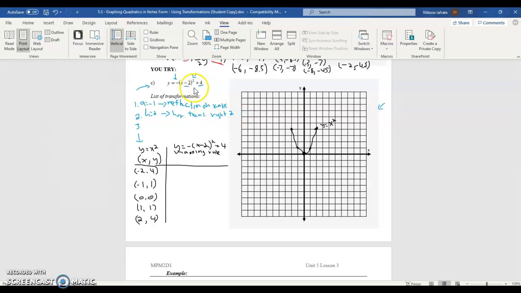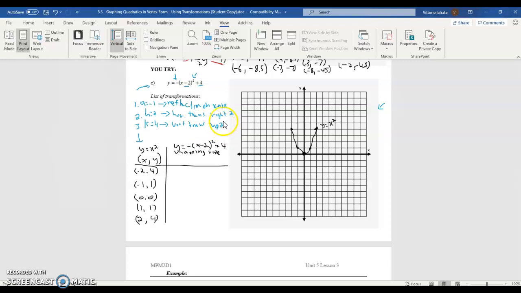And then our k is 4, positive 4. And so what that means is we have a vertical translation up 4 units.